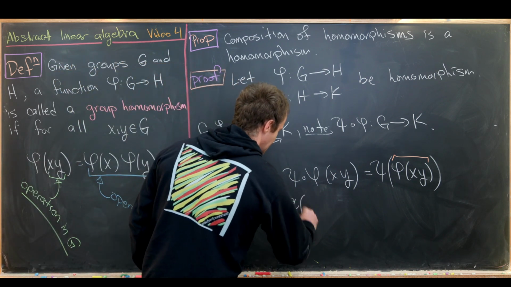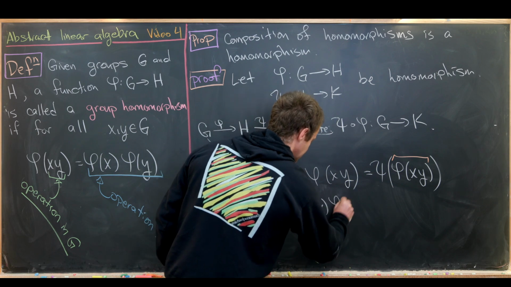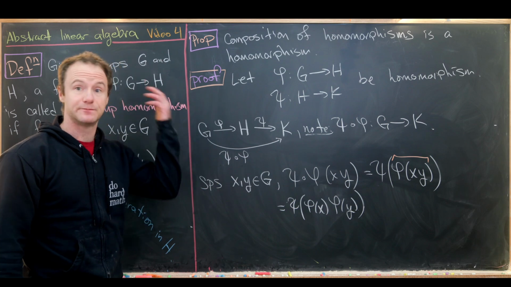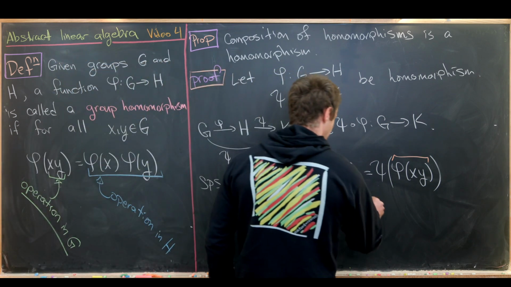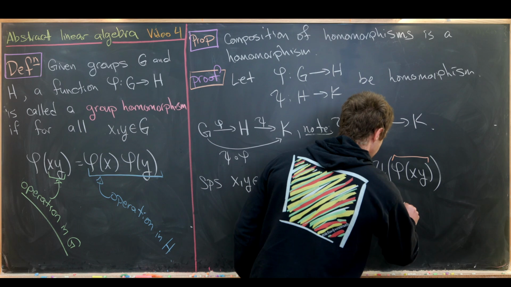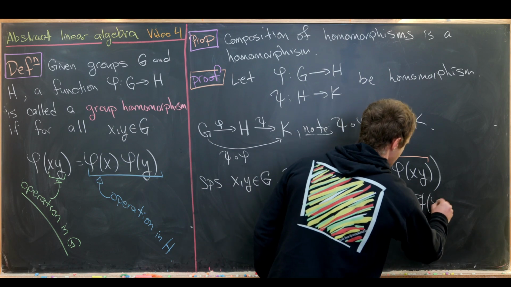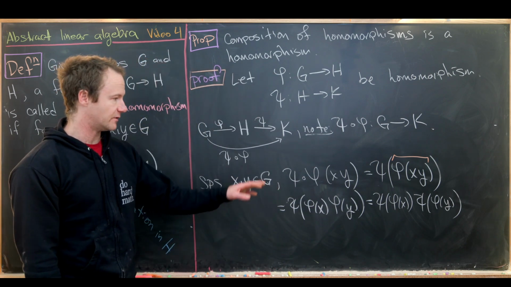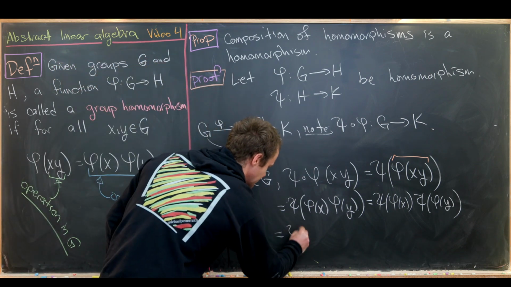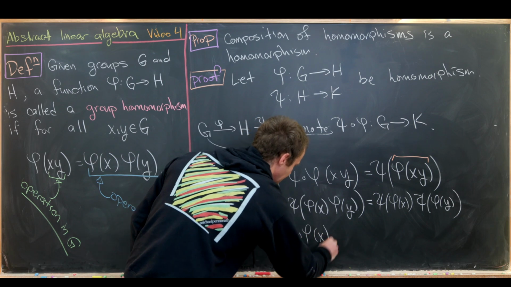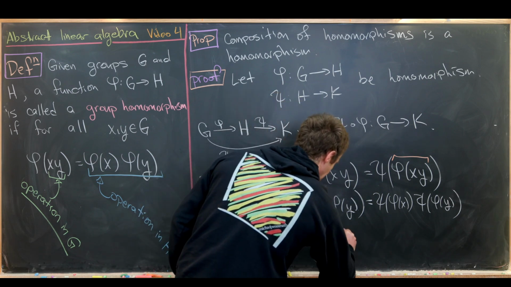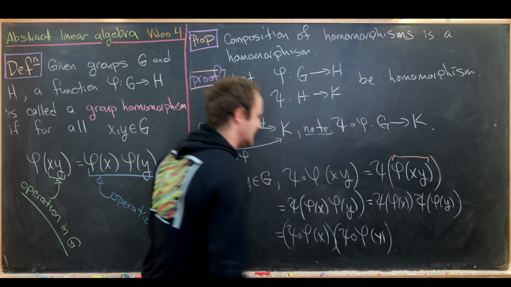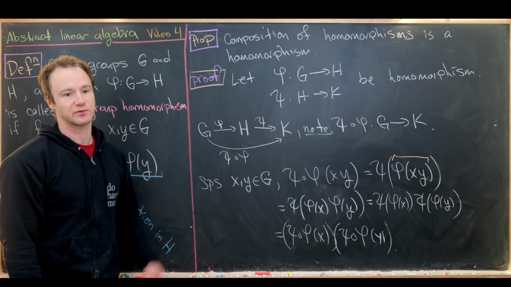So this is going to be psi evaluated at phi of x times phi of y. But now we can use the fact that psi is a homomorphism to break that apart. So that's going to be psi of phi of x times psi of phi of y. But now we're essentially home free. We just have to rewrite that as psi composed with phi evaluated at x times psi composed with phi evaluated at y. That's exactly what we needed to finish this proof.